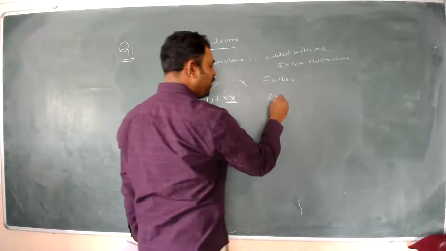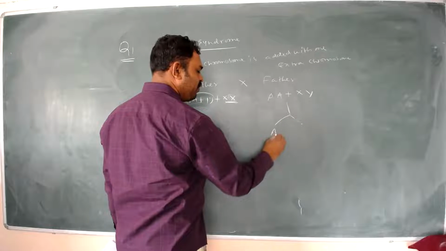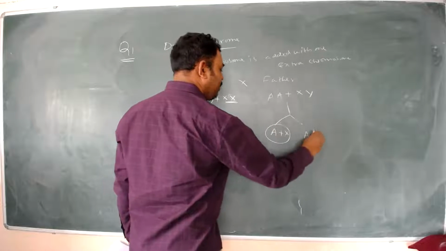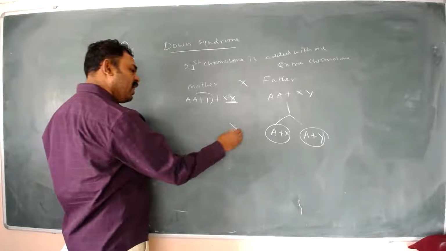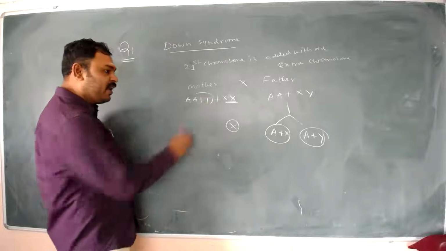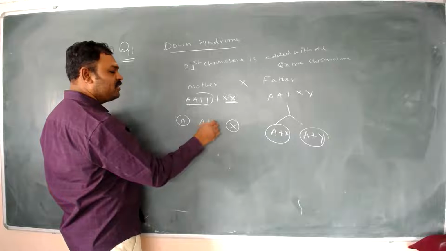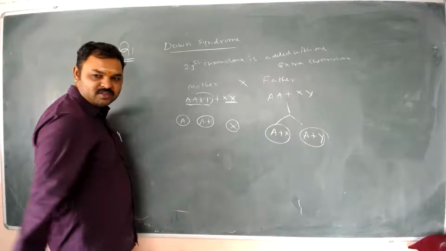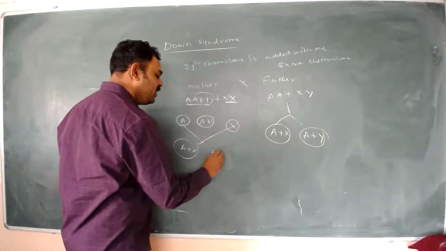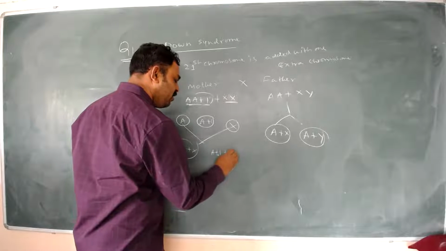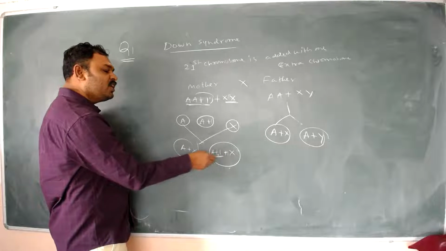The father is A plus XY. The configuration of the sperm is A plus X sperm and A plus Y sperm. The ovas all have X only, but for the autosomes, one has the autosomal set and another has A plus 1. So we get A plus X ova and A plus 1 plus X ova. A plus 1 means 24 chromosomes.